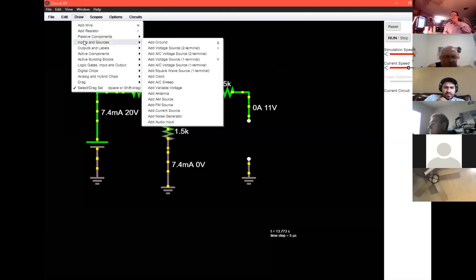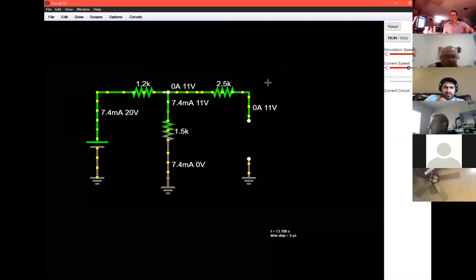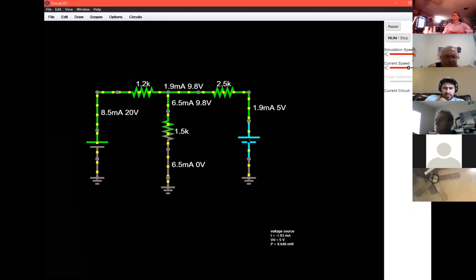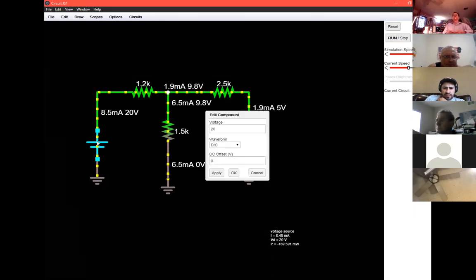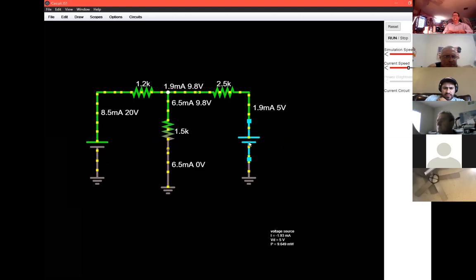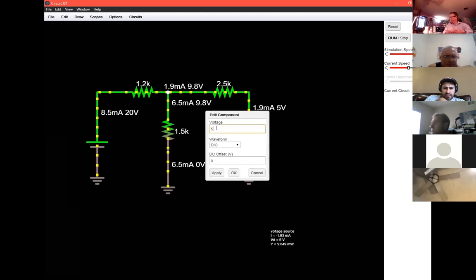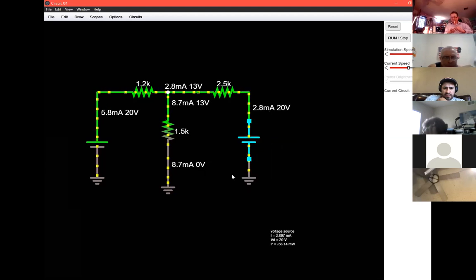Now, if I go back and add the power source back in, you'll see the difference in what this schematic originally looked like before you started removing components.